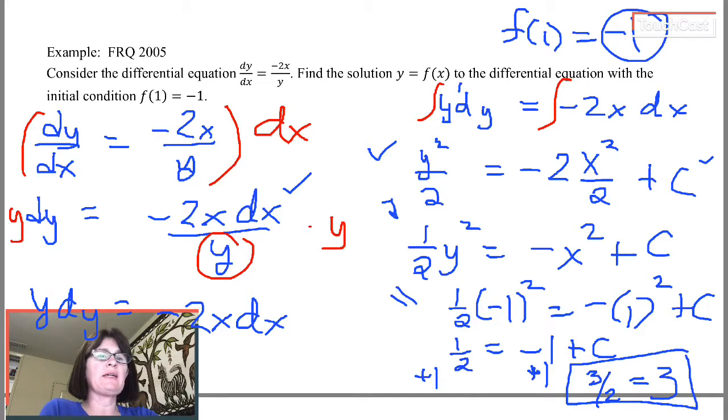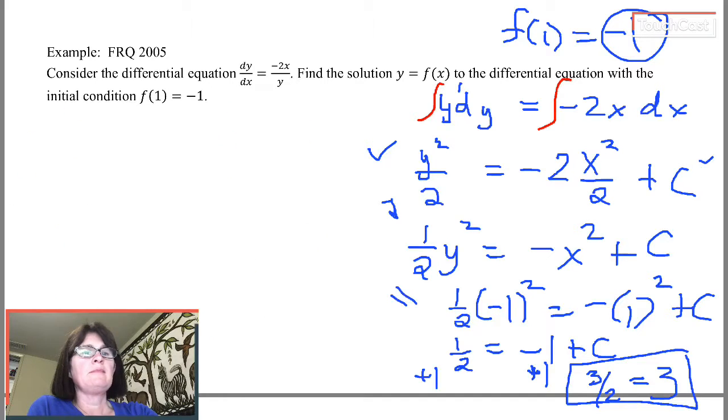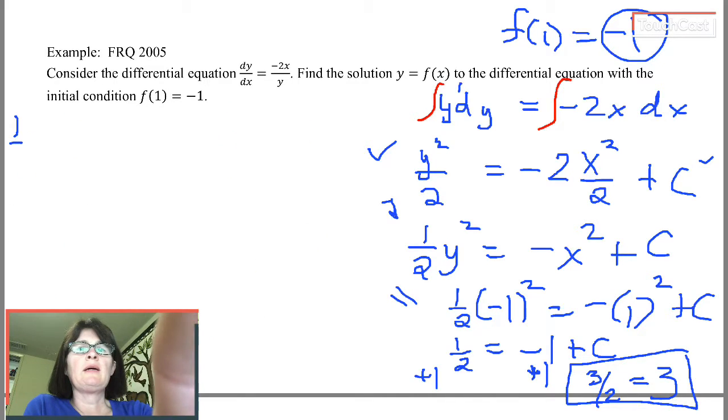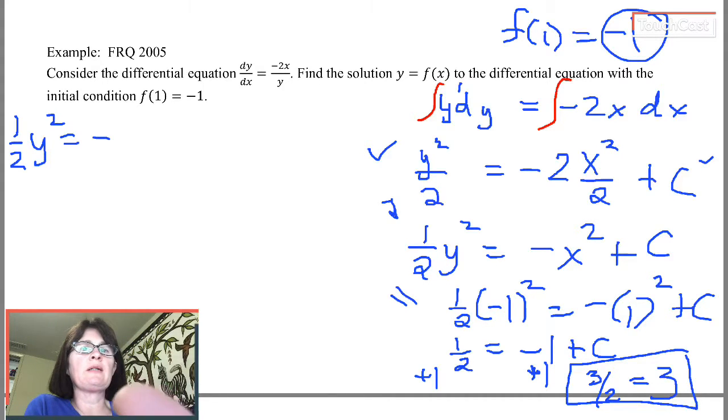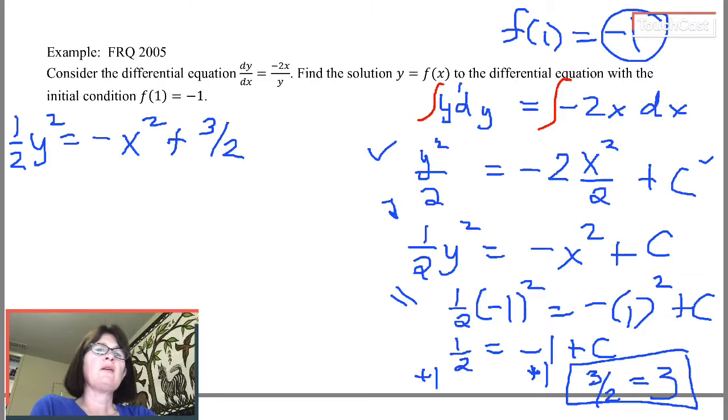So I'm going to write down what I know so far, which is that 1/2 y squared equals negative x squared plus c, but I just figured out that c is 3/2. So I'm going to regroup back here. I've gone back to the relation I had between x and y, but now I know what c is.